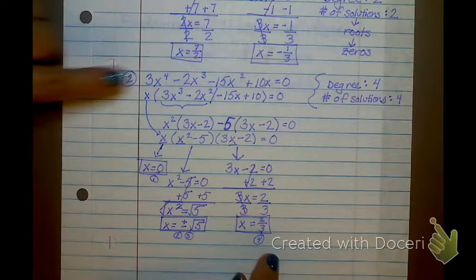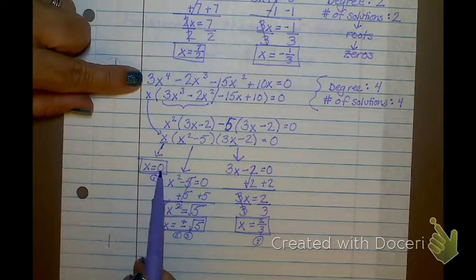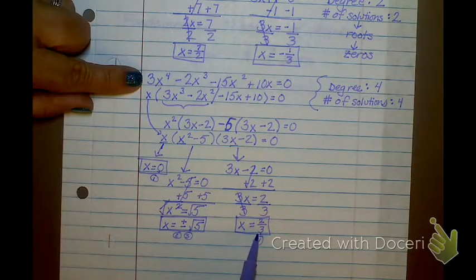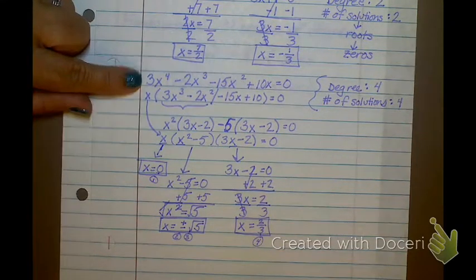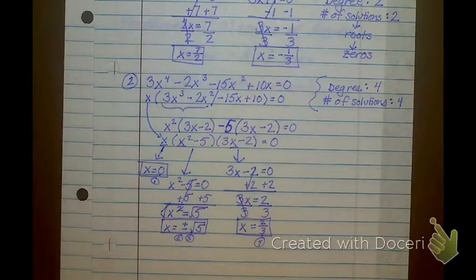So if I were to graph this equation right here, it crosses the x-axis at 0, at positive radical 5, whatever that decimal is, at negative radical 5, and at 2/3. So somehow it's going to zigzag back and forth and cross the x-axis at those 4 points. Okay, so that's why we need to get good at this, because we're going to get to graphing and have to find those x-intercepts to help us graph.